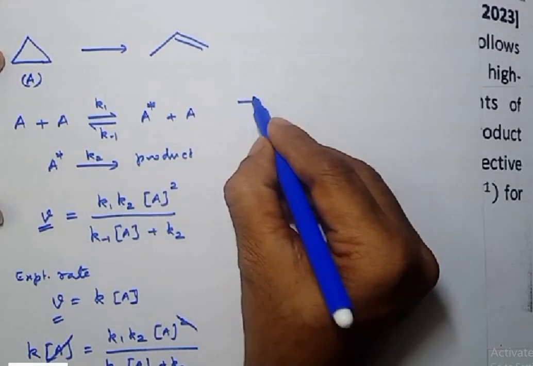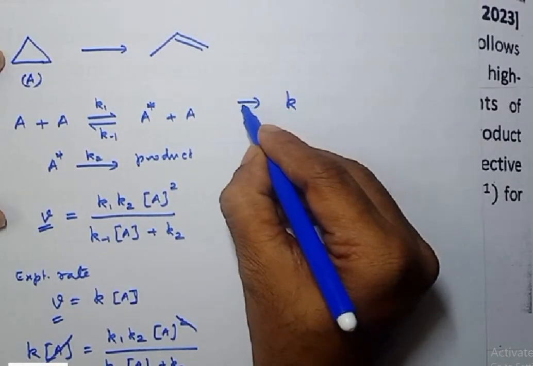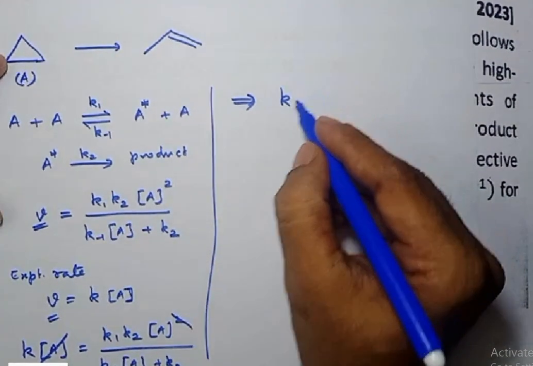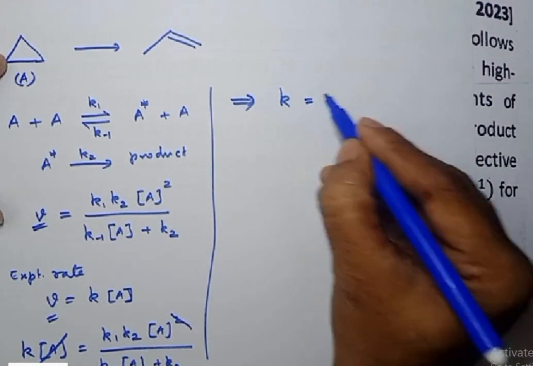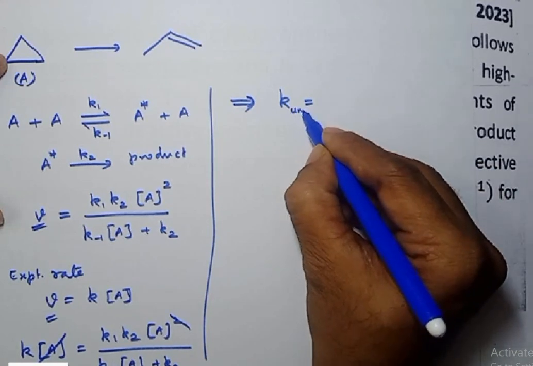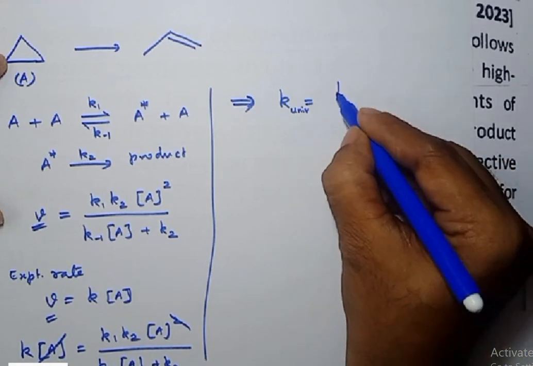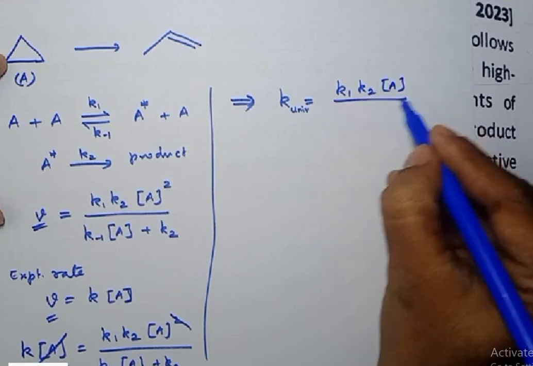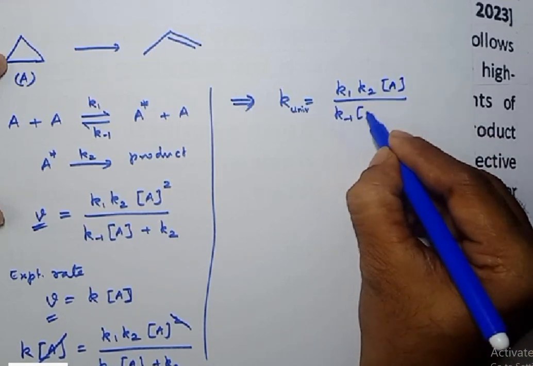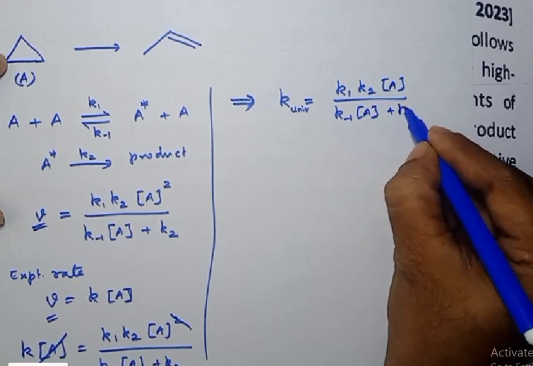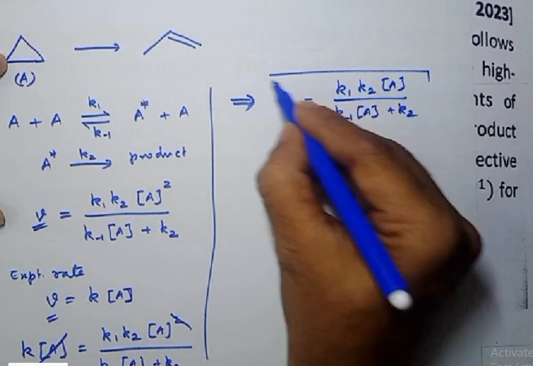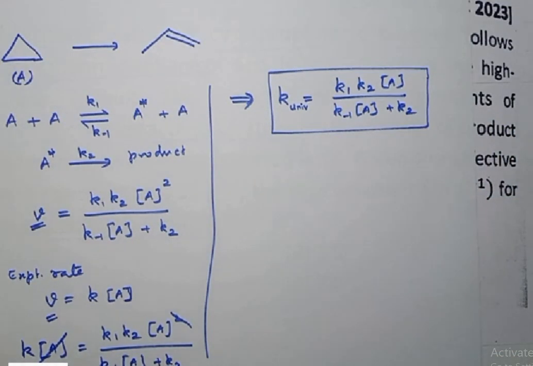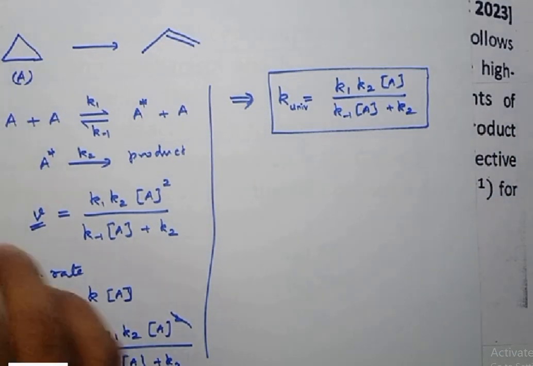Therefore, the rate constant for this unimolecular reaction is given as K1 K2 [A] divided by (K-1 [A] + K2). Remember, this is the rate constant expression for Lindemann's unimolecular reaction. Take it down.